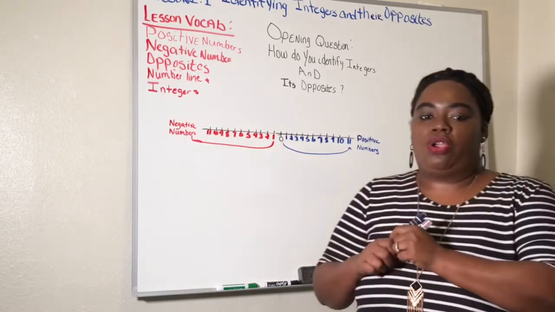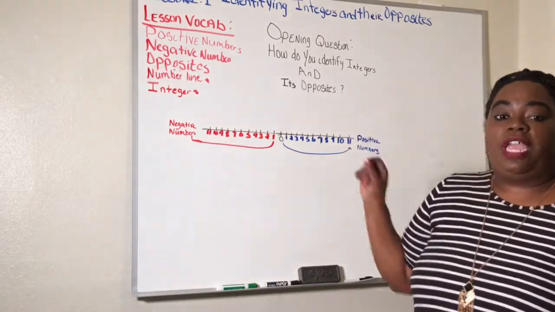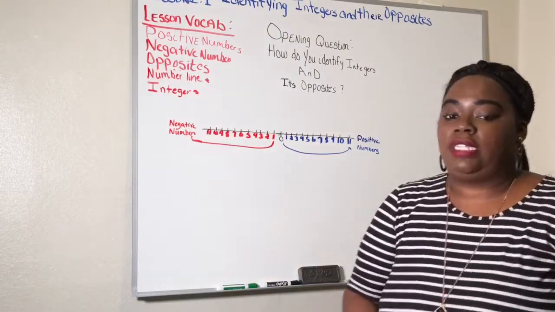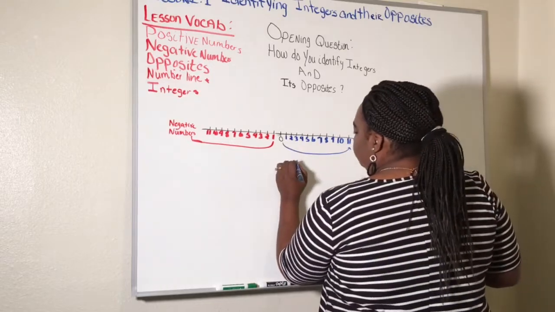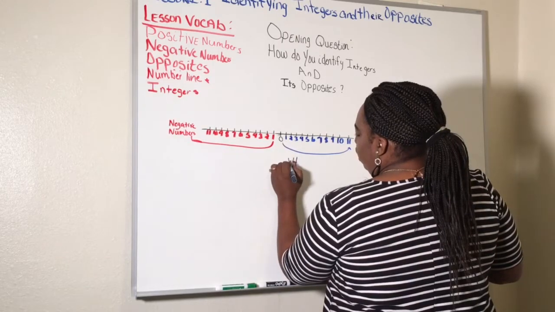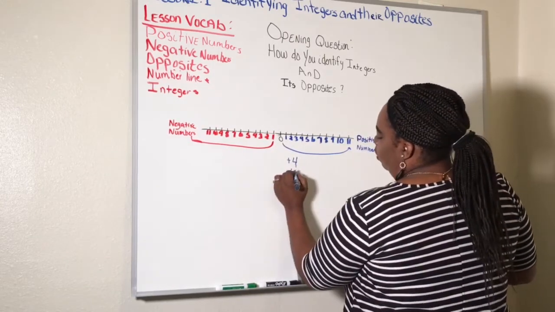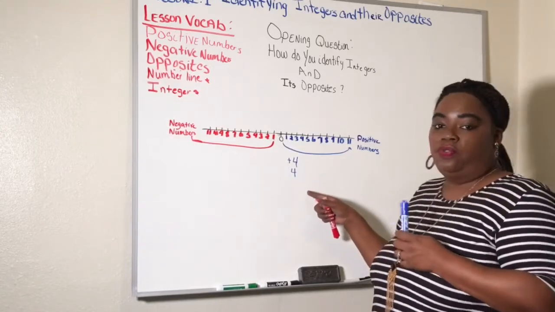Positive numbers are numbers greater than 0. Positive numbers can be written with or without a sign. So we're going to just use the number 4 for our positive. So it can be like this, or it can be like this.